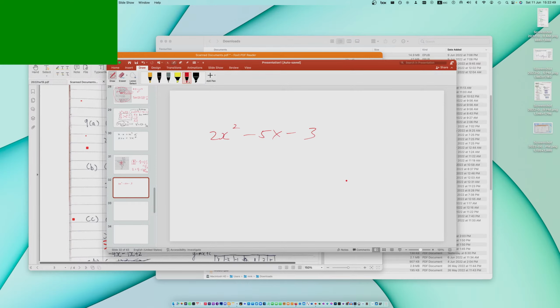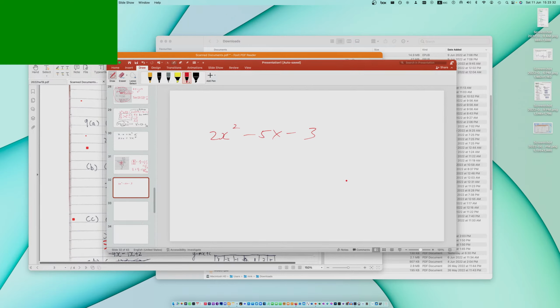Just now you try what? 3 and 1. Oh. 5x. You are close already. Instead of 5x, you need to get minus 5x. So what you need to do? Give the minus to the 3.